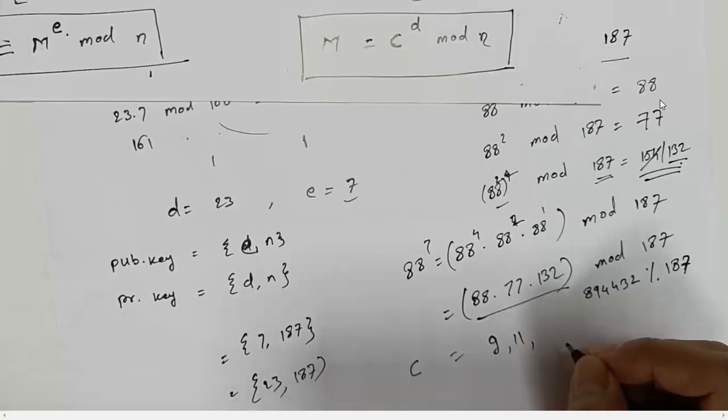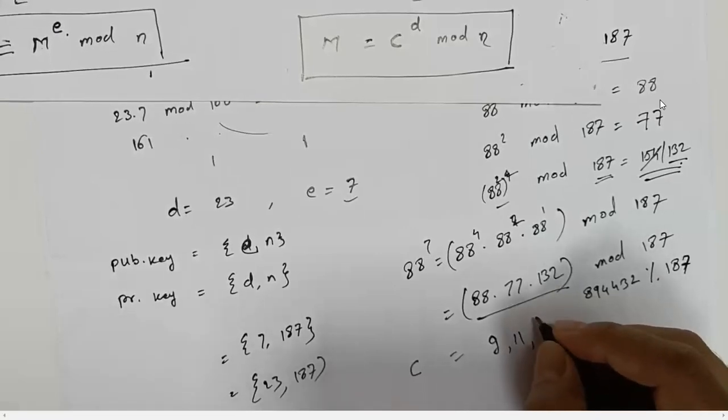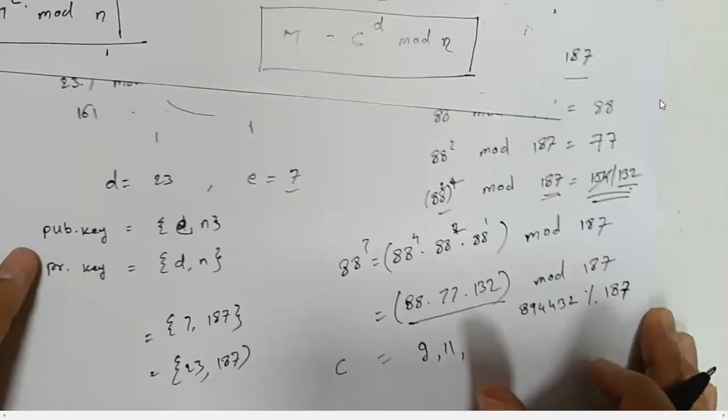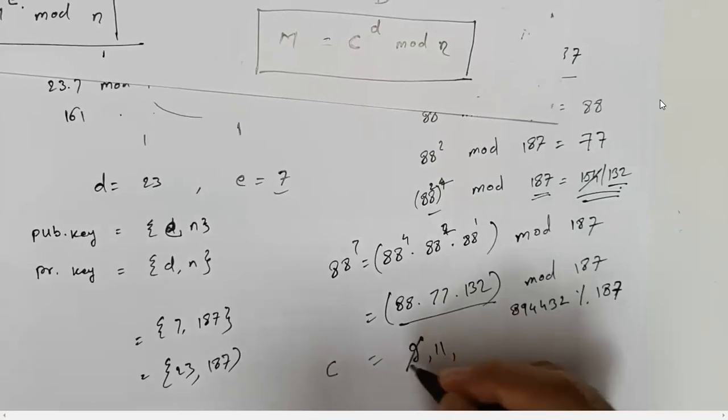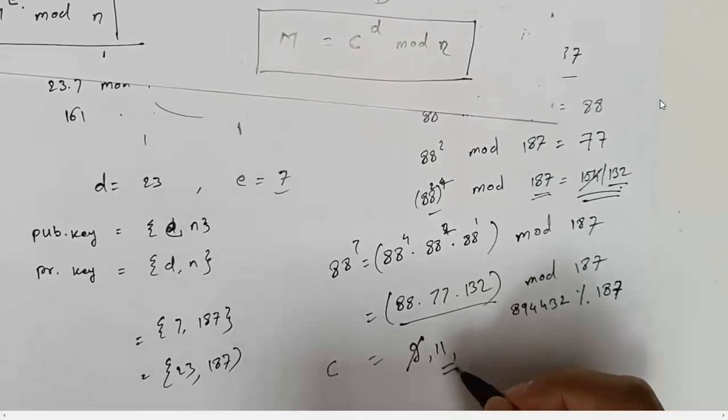Yes, sir. Okay, any other answer? 13. Yes, sir, it would be 11. It was a calculation mistake. Shall we rest on 11 then? Yes, sir. Okay.